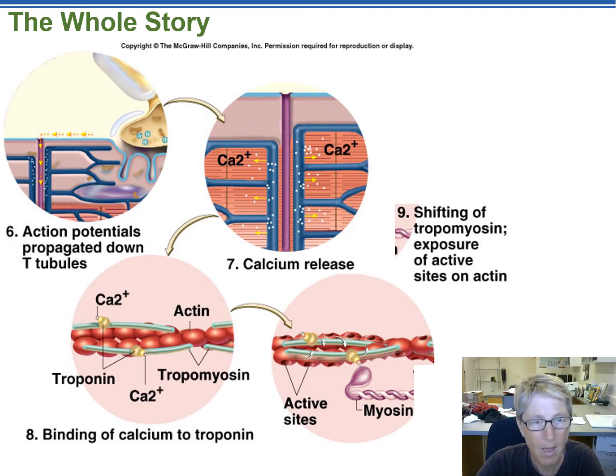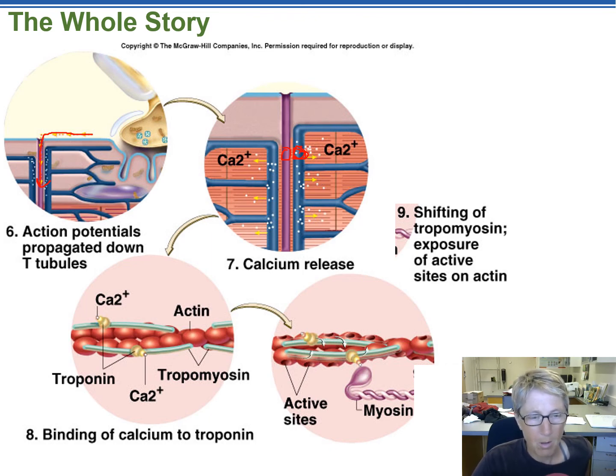And then the action potentials, in yellow here, are propagated down into the T tubules, and then there are voltage-gated calcium channels in the T tubules, and calcium-gated calcium channels in the SR here, but they both will release calcium into the intracellular fluid of the muscle.